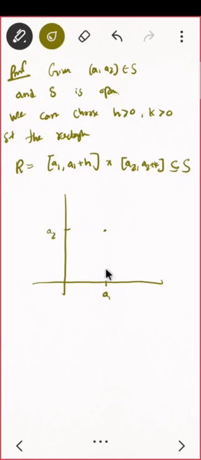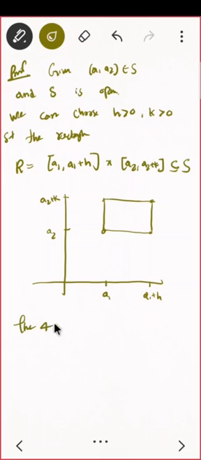I can find an h such that the rectangle which I am forming here, say this is my rectangle, with corners e2 plus k, e1 plus h, will completely lie inside your S. Correct, and this is possible because we can choose some h and k like that. It may be as small as you want, and we will be having 4 corner points.